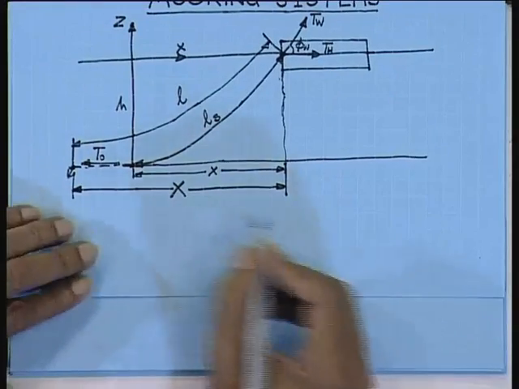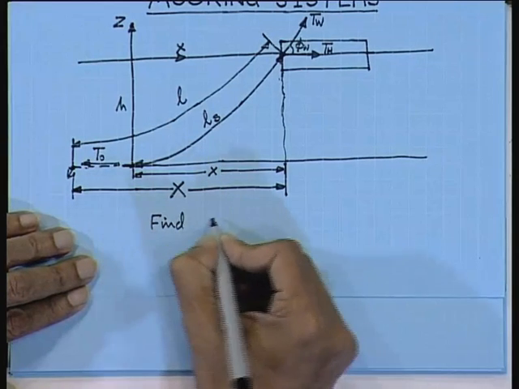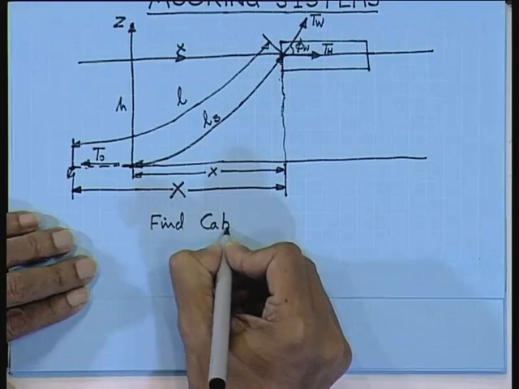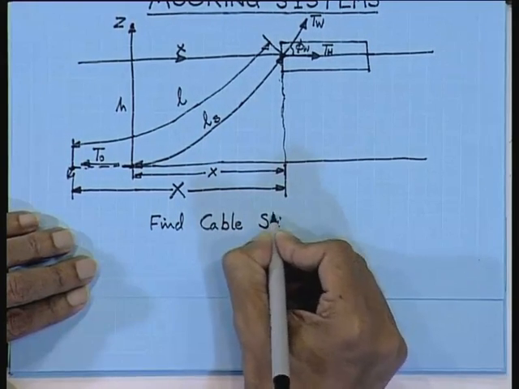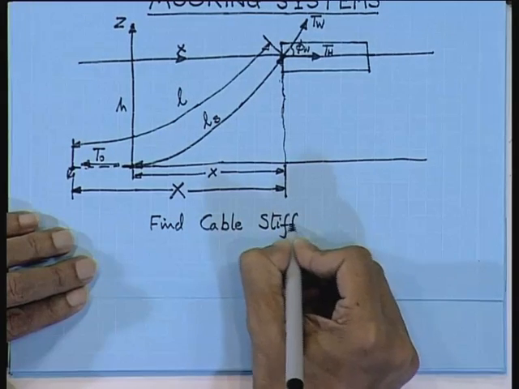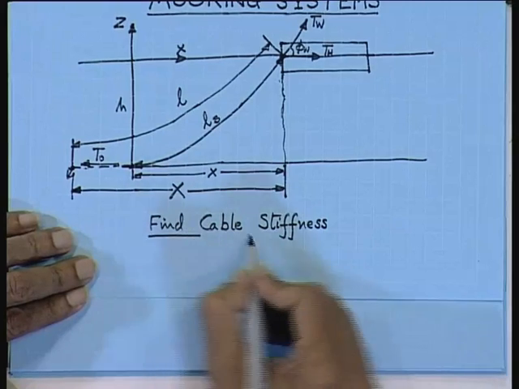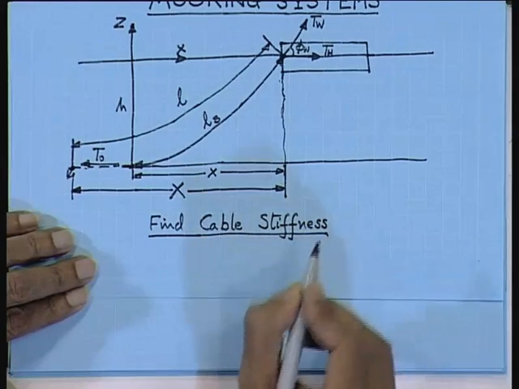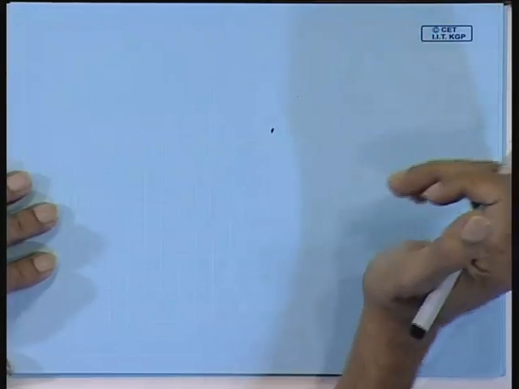Now, today let us find the cable stiffness. We have already solved the static line equation, and we have derived the expression for TH, LS, length of the line and small h.